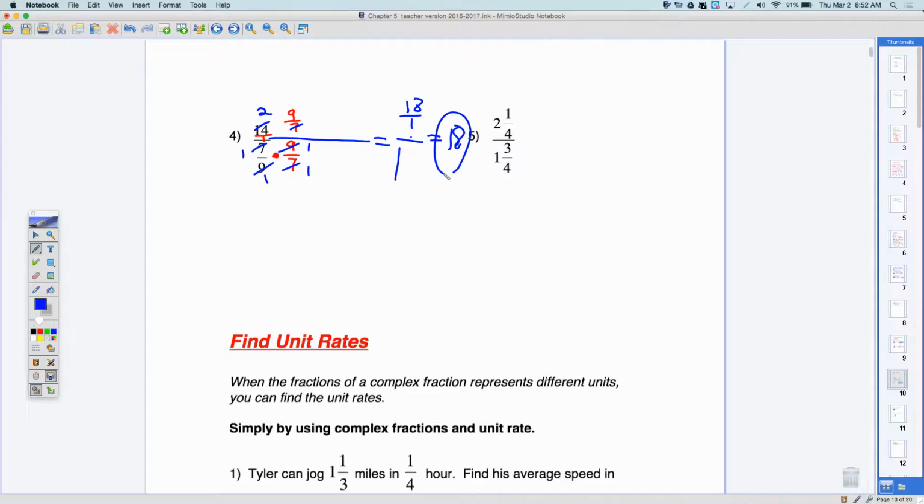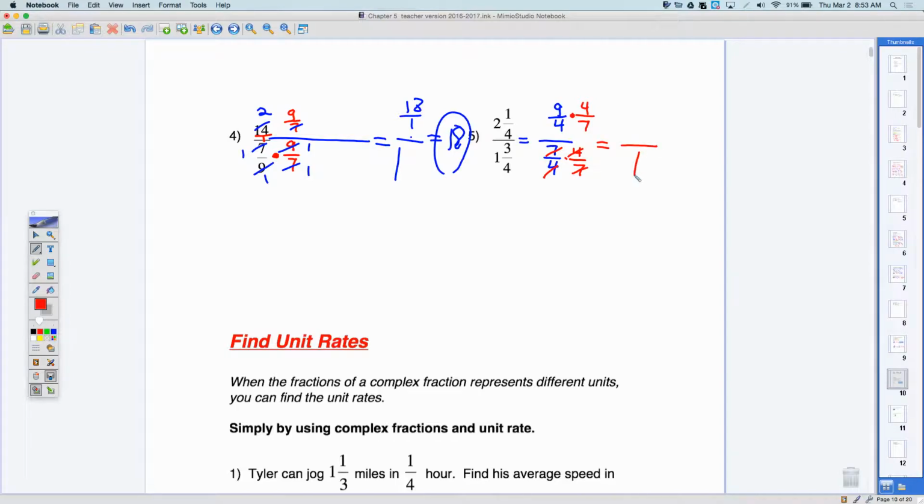When you have mixed numbers, you need to make them into improper fractions before you can solve them. So our numerator is 4 times 2 plus 1, so it's 9/4, over 4 times 1 plus 3, which gives you 7/4. Now you're going to multiply by the reciprocal of the denominator, so 4 over 7.